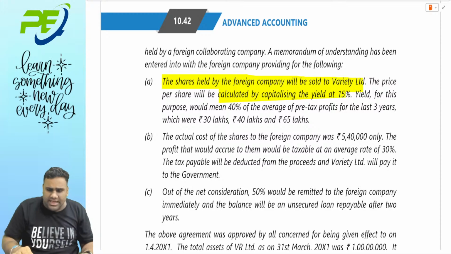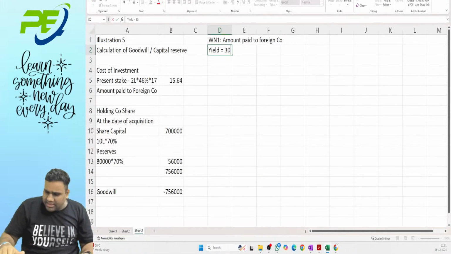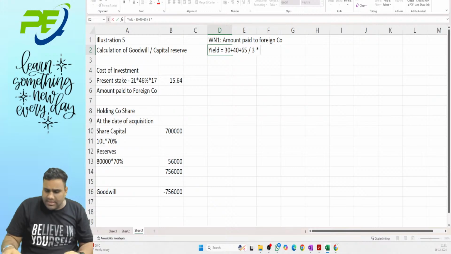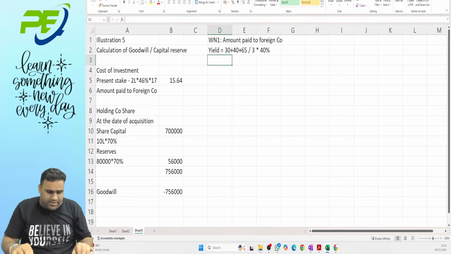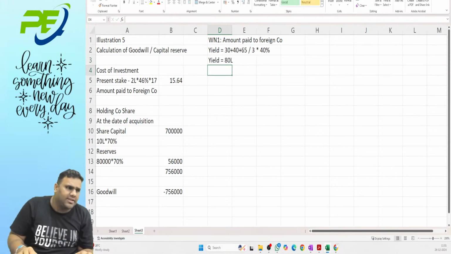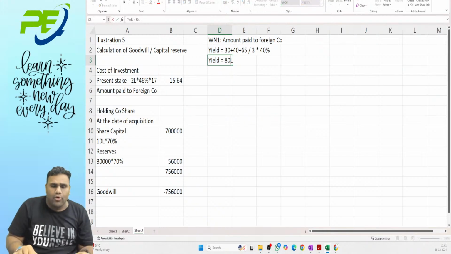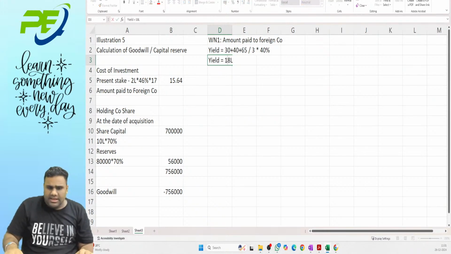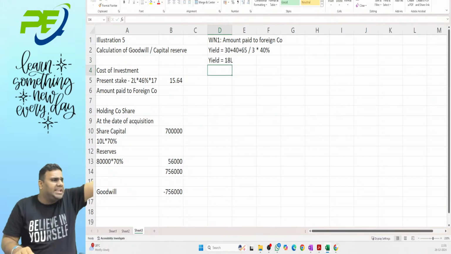So last 3 years, average profit: 30, 40, and 65 divided by 3, into 40%. Yield is 18 lakhs. Yield, everyone, is it clear?